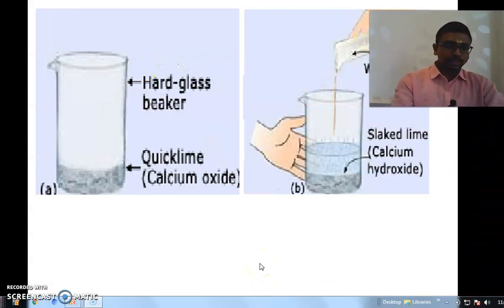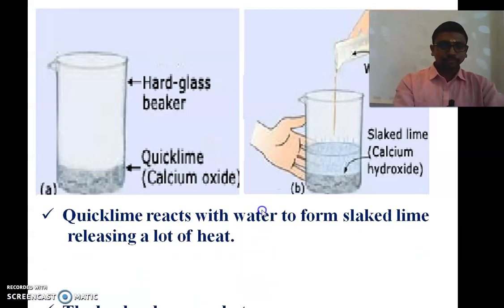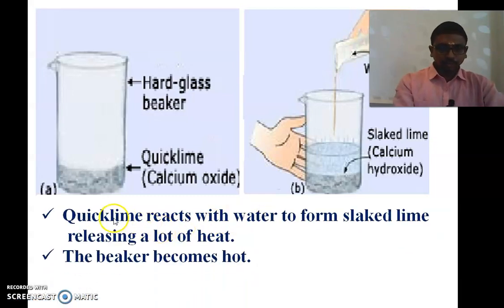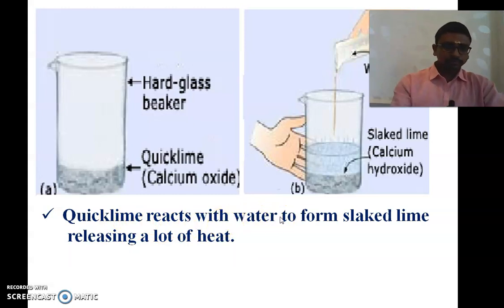So in this activity you can observe that quicklime reacts with water to form slaked lime. Quicklime, that is calcium oxide, reacts with water to form slaked lime. So it will release a lot of heat.